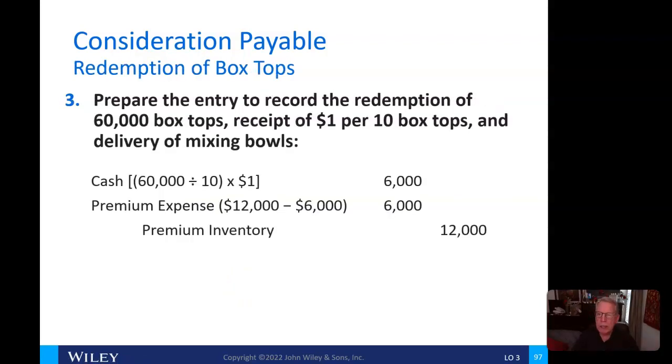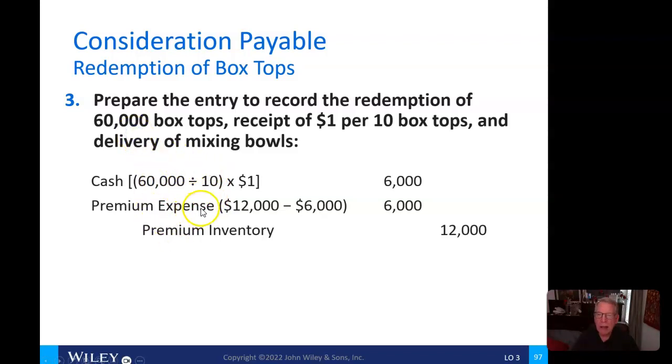However, we need to prepare an entry to record the redemption of the 60,000 box tops. We got $1 per box top and 10 box tops, which were not really worth anything, and delivery of the mixing bowls. So our cost is going to be 60,000 box tops.